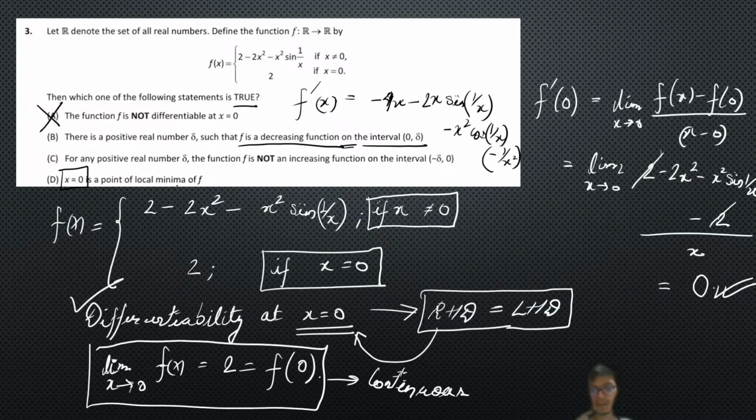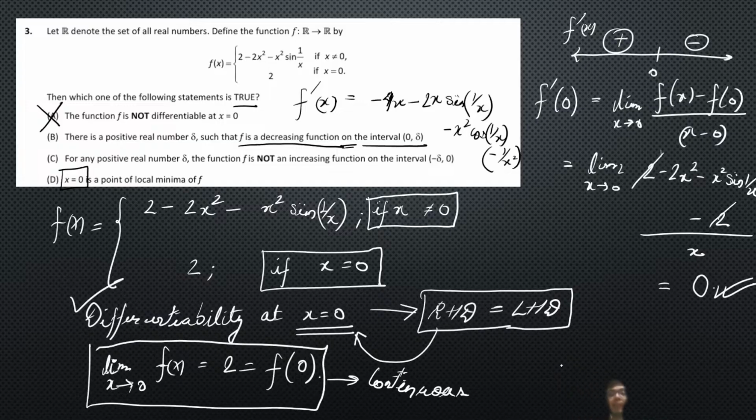So if you find the RHD and the LHD values a little bit ahead of 0, and plot the sign scheme of f dash of x around 0, applying the same concept of limit, then to the right of 0, where h is greater than 0, the derivative is negative, and the derivative to the left of 0, for negative values of x, is positive.